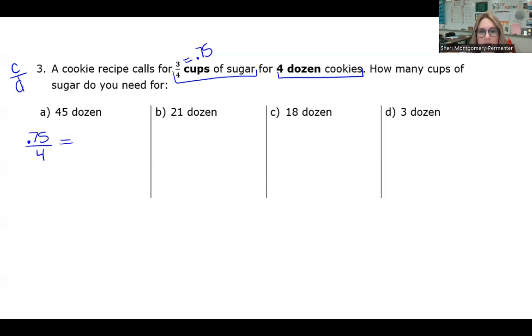All right. So when we have cups of sugar, we have 0.75 cups for every 4 dozen cookies. Well, how many cups of sugar do we need? We don't know. 45 dozen. We will set these up using bat and ball or just a proportion. We will multiply and then we will divide. So what is 0.75 times 45?